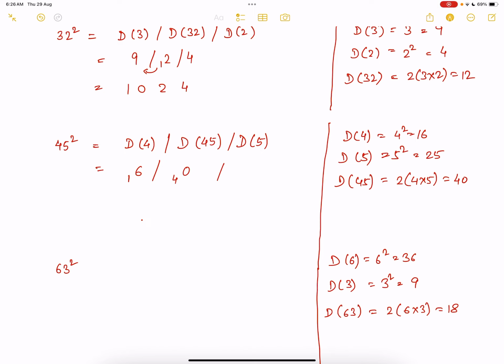And D5 is 25. So we have this 5, this 2 gets carried over. So we get 42. So 2. This 4 gets carried over. So 4 plus 6 is 10. And this 1 becomes 2. So 2025.